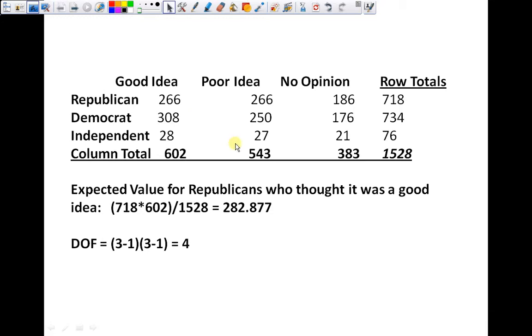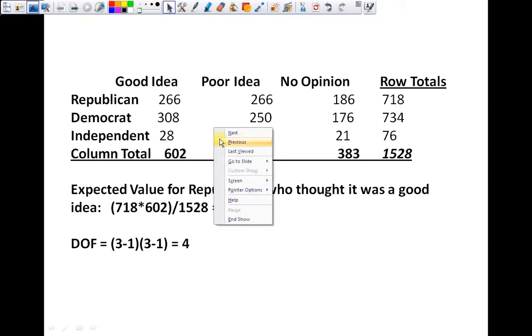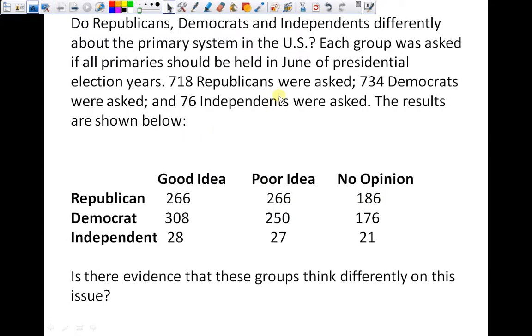So the last thing we'll talk about is the distinction between test of homogeneity and independence. Because the way that the problems work is exactly the same. And where it comes from is in how we sample our people or subjects. In this case, it says we have 718 Republicans were asked, 734 Democrats were asked, and 76 independents were asked.